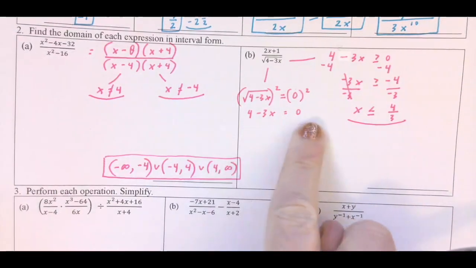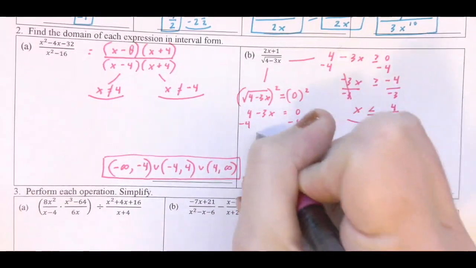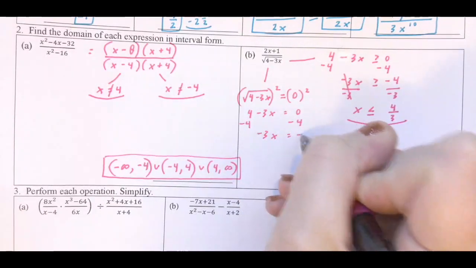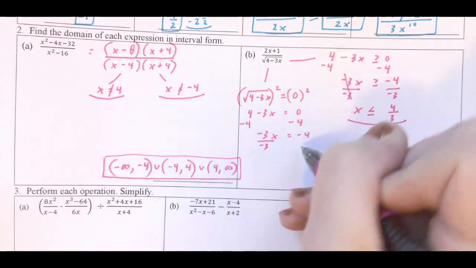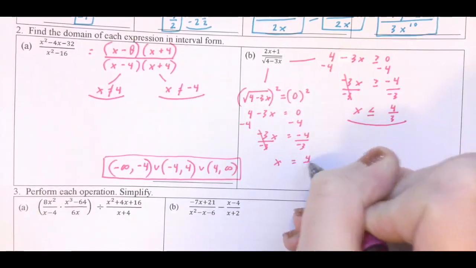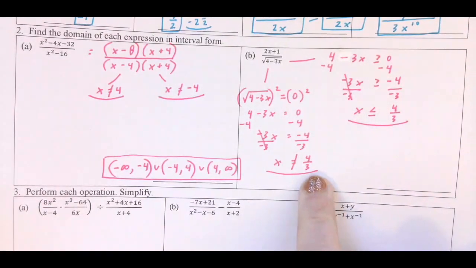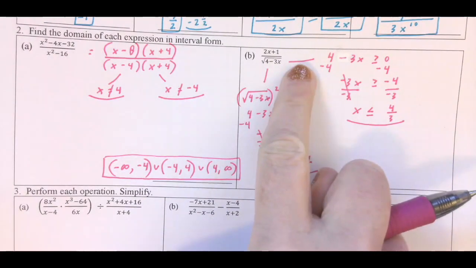Okay, so then from here, as I solve, I take away the 4. -3x would equal -4. Divide by -3, and x would equal 4/3. So it can't equal 4/3, or else the entire bottom would be equal to 0, and it would be undefined.